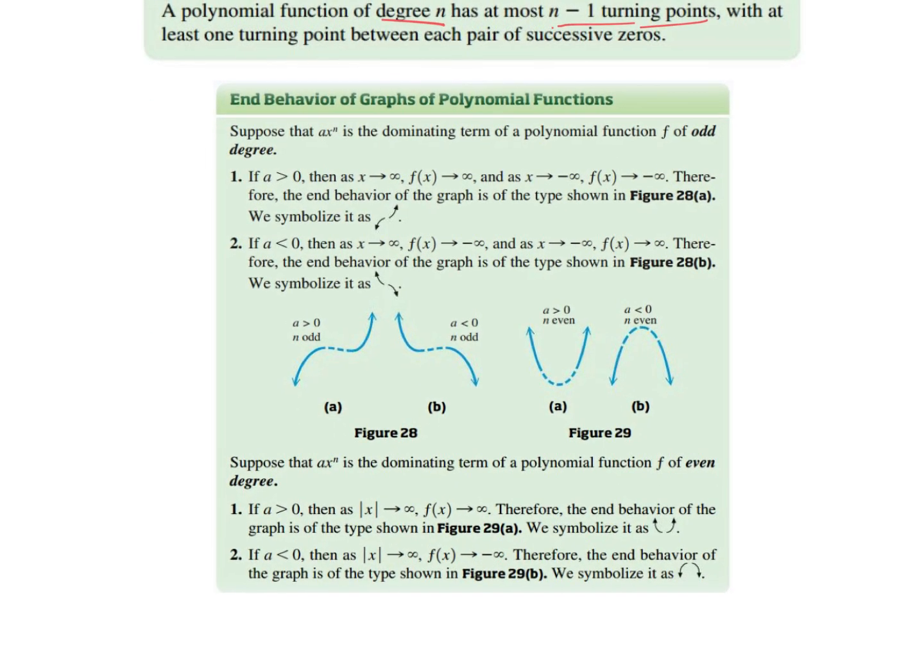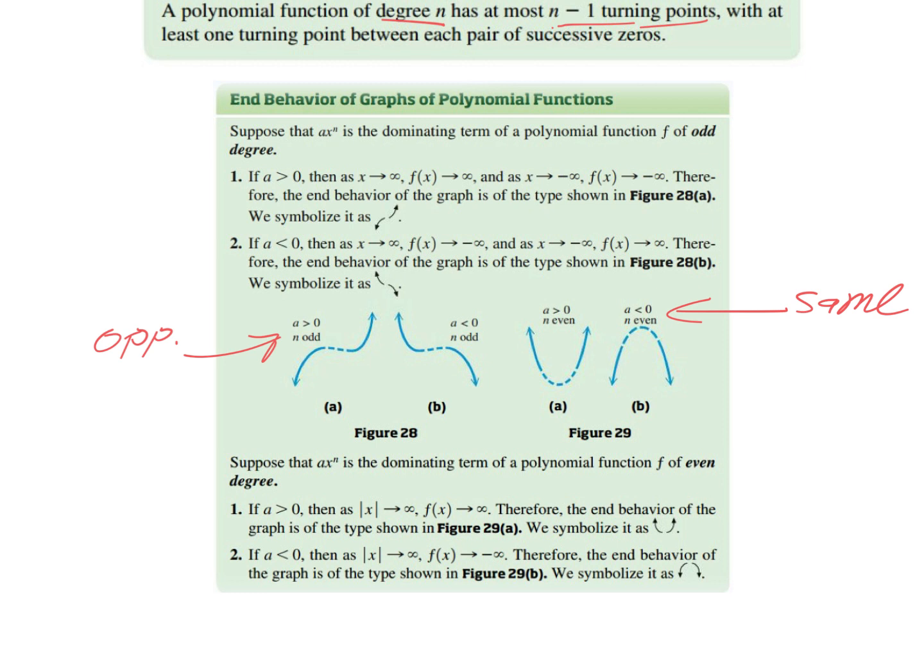And behaviors, these are also based on whether your function is an odd degree or even degree. Odd degrees go in opposite directions, even degrees go in the same direction. The default for odd is negative on the negative side, going upwards to positive on the positive side. And then the second version is the reflected version.